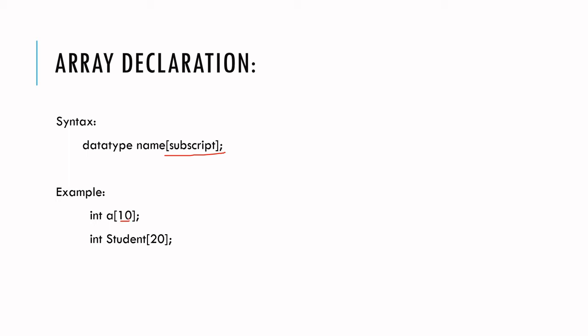Here I have given 10, which means 10 cells will be created. An array named a with 10 cells will be created. The cell indices range from 0 to 9. And what about the data type of the array? The data type of the array is int.